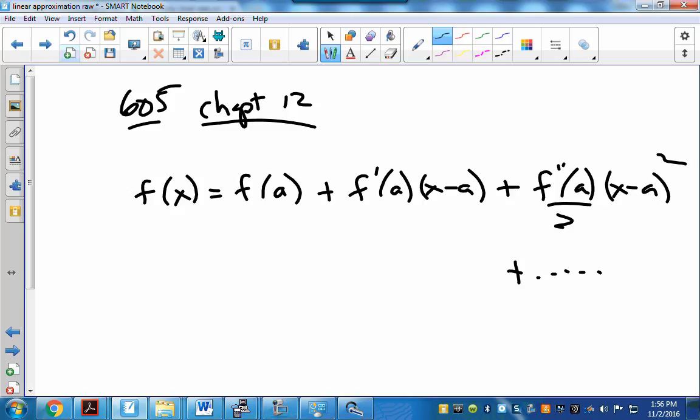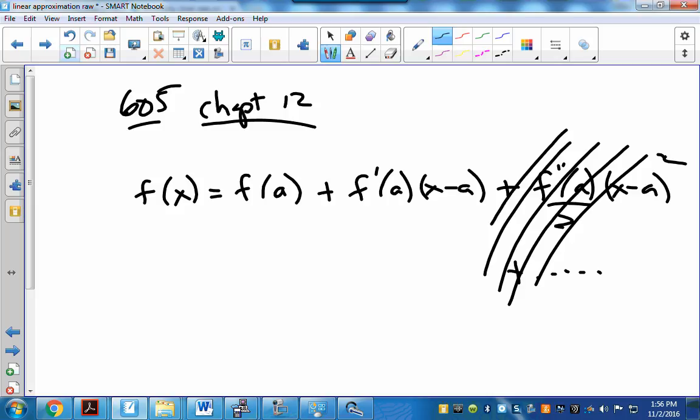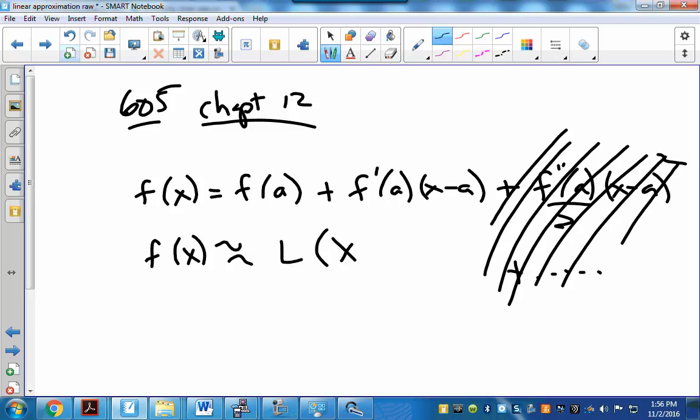If I take away these guys, what's that? What's it called? Tangent line. This is L, right? So f of x is about L. Isn't that L?